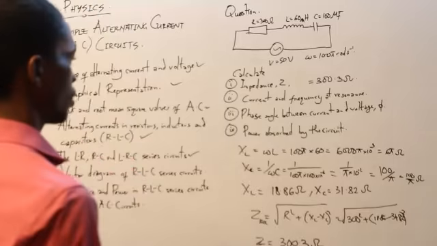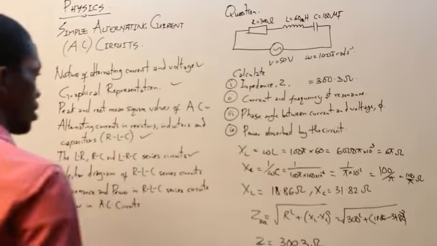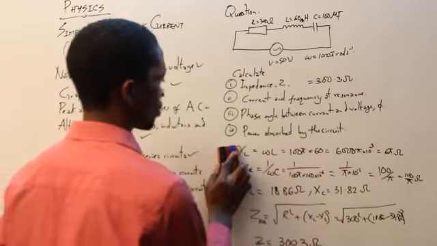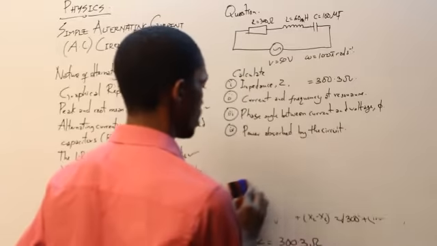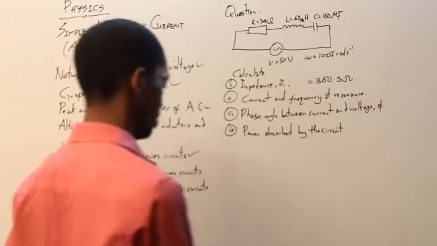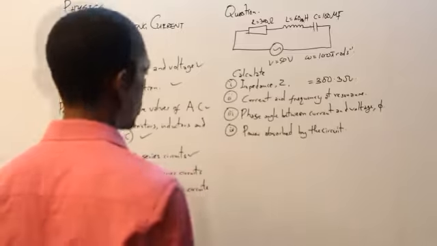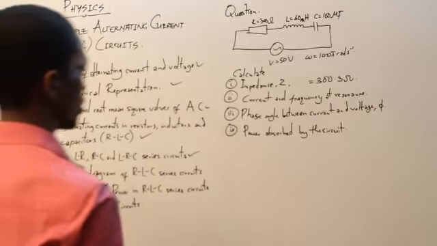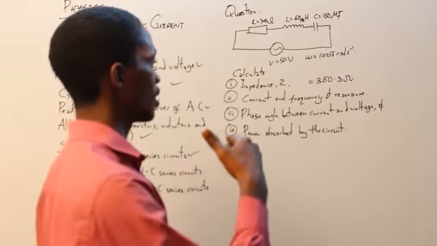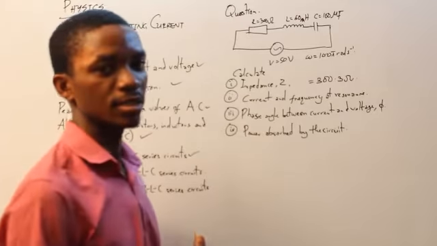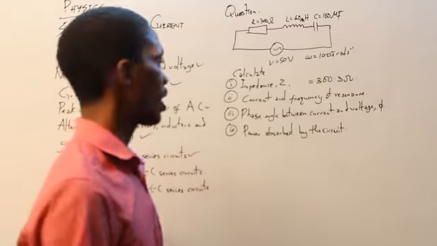Alright, we are asked to also calculate the current and frequency at resonance. At resonance, it means the inductive and capacitive reactances cancel each other out.